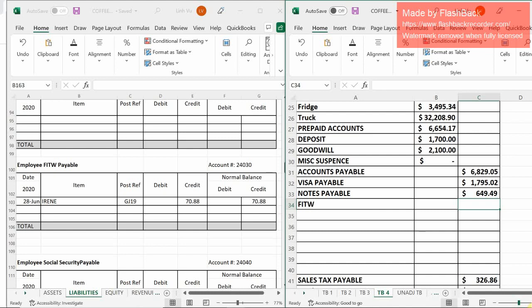To give you a preventative measure to make sure that your accounting is accurate.